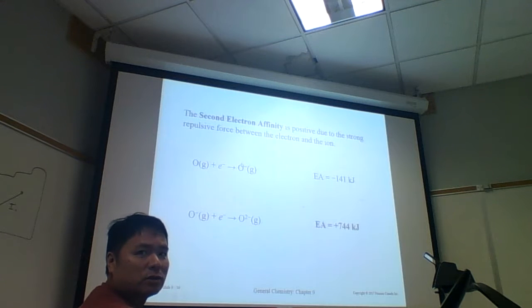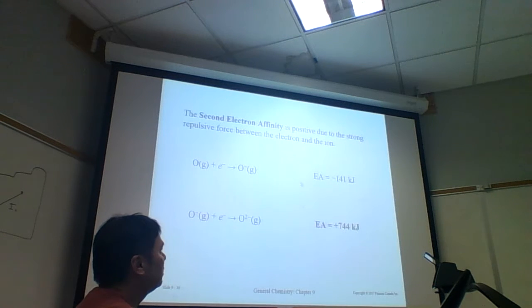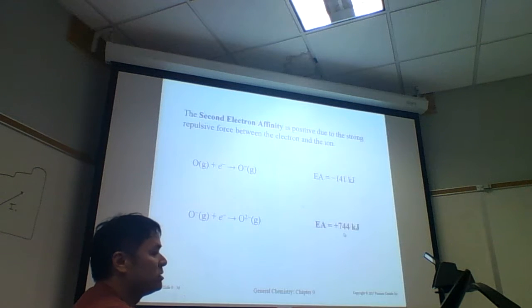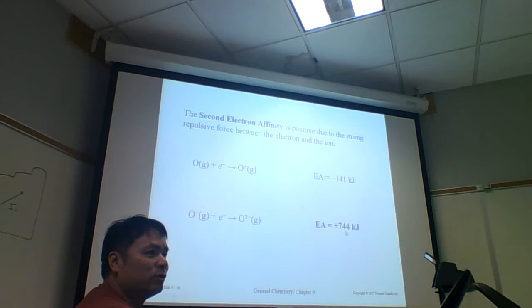Oxygen wants 2 electrons, right? But to gain 2 electrons, we have to add these together, like Hess's law. If we add these together, it comes out to positive 600 kilojoules. So if it's going to cost you 600 kilojoules, why bother? This is like somebody saying, I'm going to pay you $141, and then you're going to pay me $744.